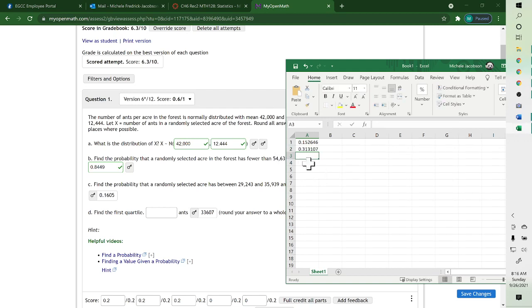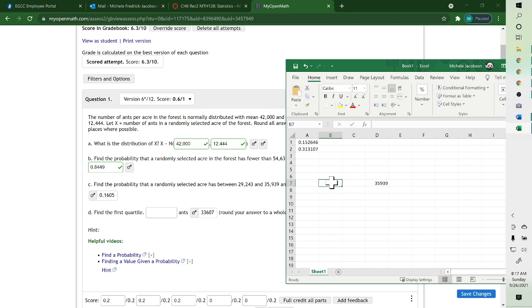Hit enter. Now these two values, what happens is that where the 35 is, it's going from the 35 below. And then, let me put that here. 3, 5. So below this number is the 0.313.